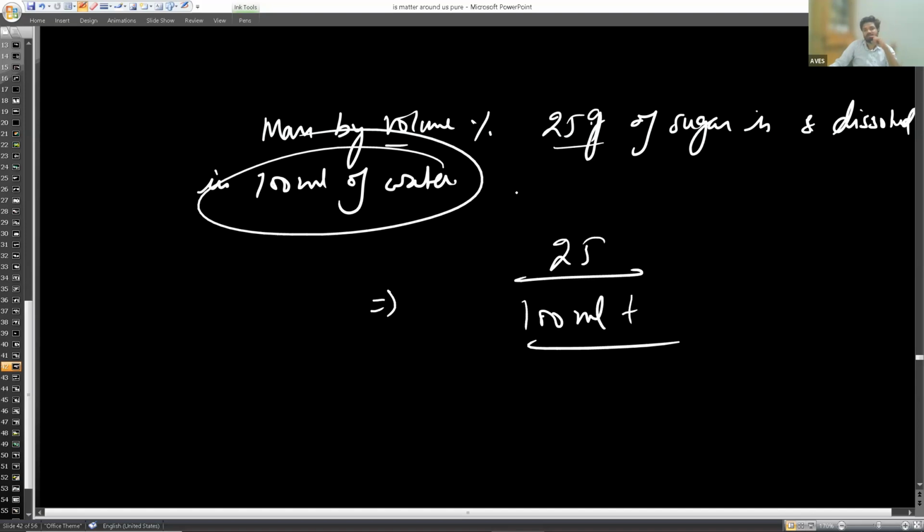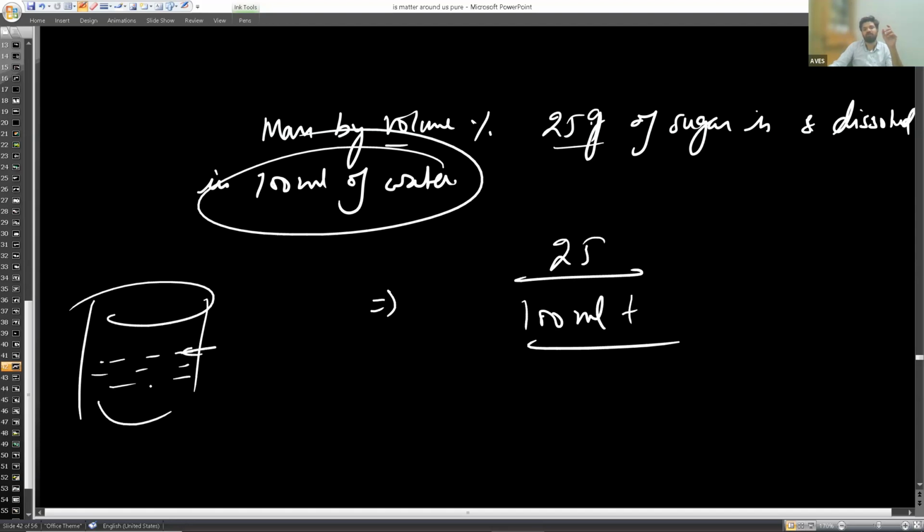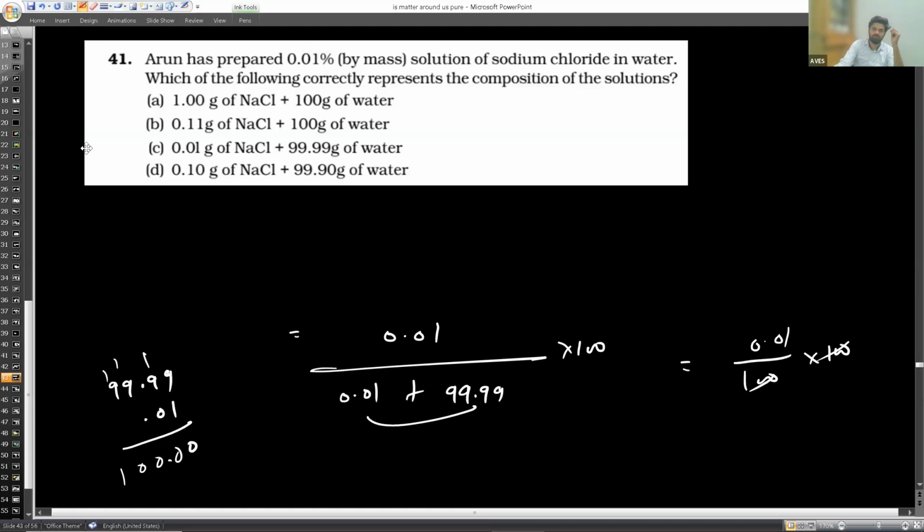That's why we'll not add it. Because the capacity, the level: for example, you have a glass of water and you mark the level here. Then you add 2 or 3 tablespoons of sugar to it, and still the water level is the same. It is not increasing, so the capacity will remain the same. You understood? So that time we are not going to add the volume because it is getting dissolved.